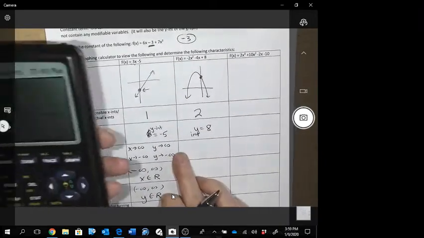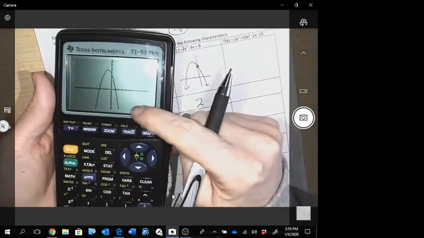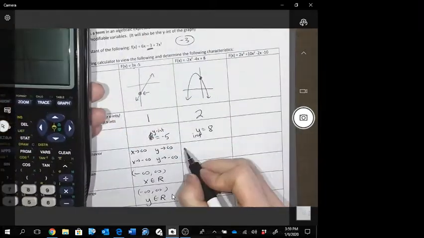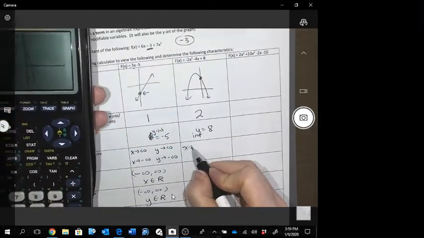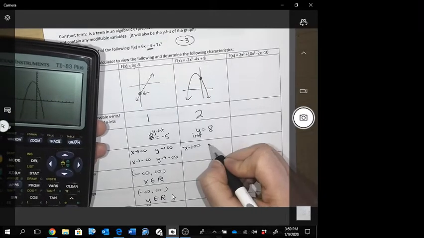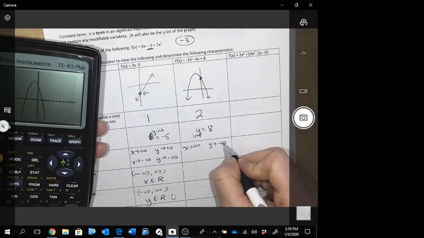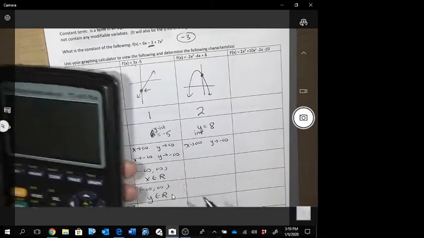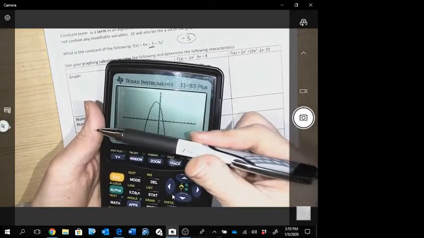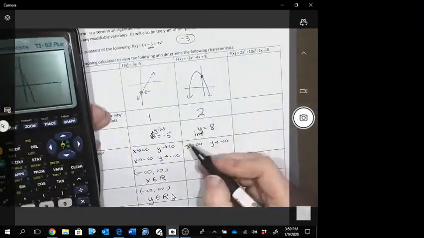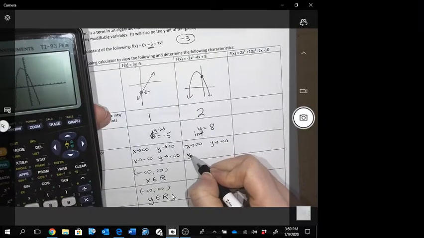Okay, end behavior. So as we move right, we go down. And as we go left, y goes down.